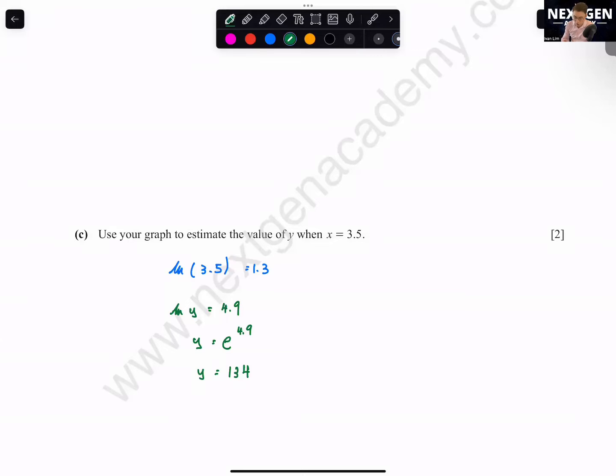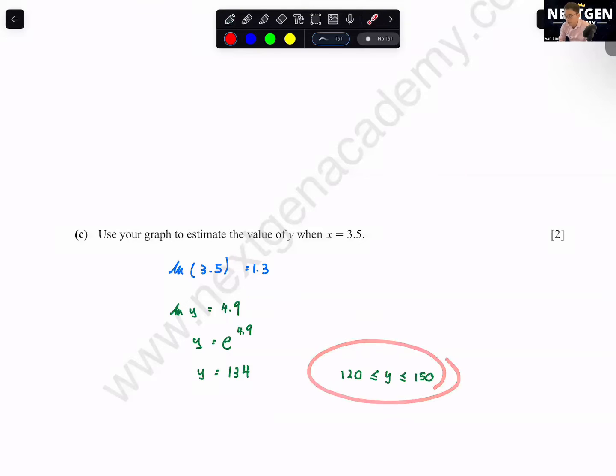This time they give you a range of values. Maybe some of you will get 5.0. They accept your y to be between 120 to 150. As long as your final answer is like that, then it's correct.